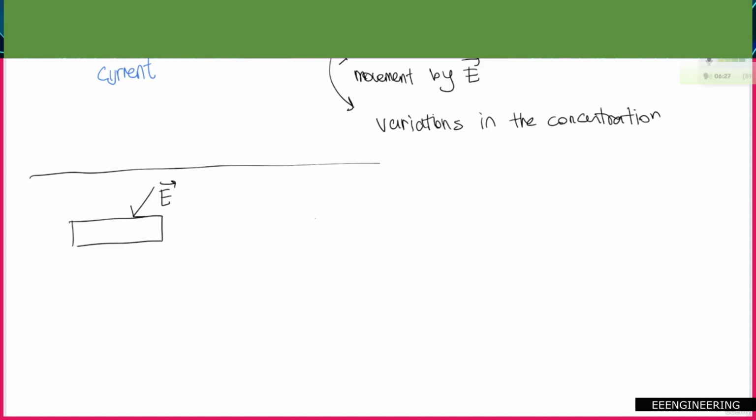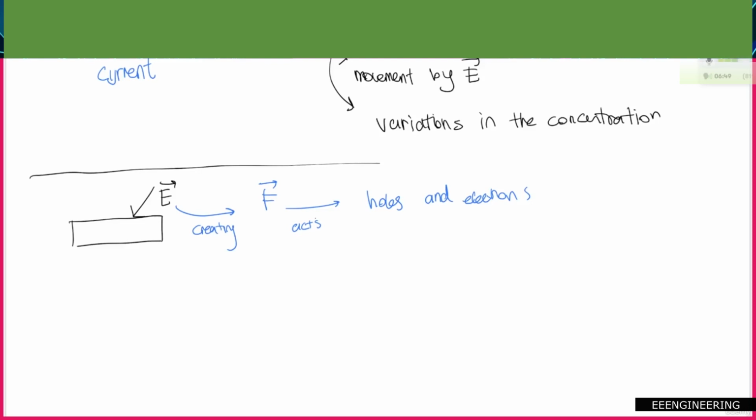So let me just say creating a force, and that force acts upon our holes and electrons so that they move. That's the reason free electrons and holes experience a net drift.